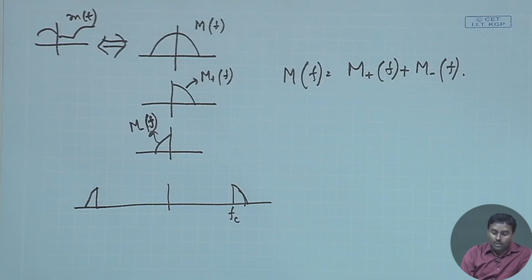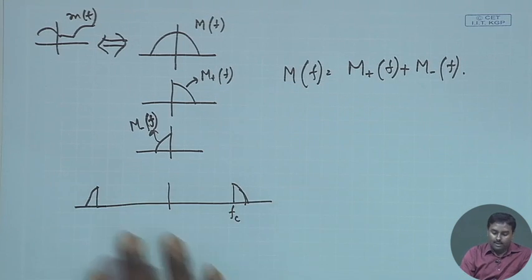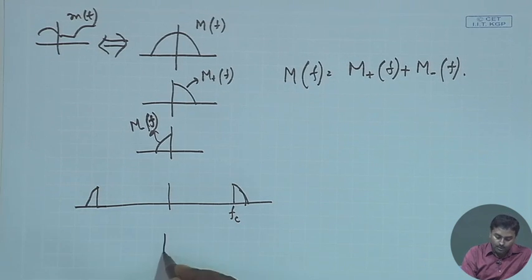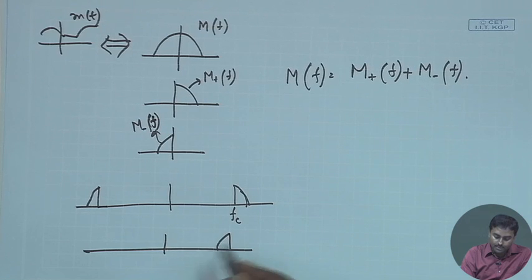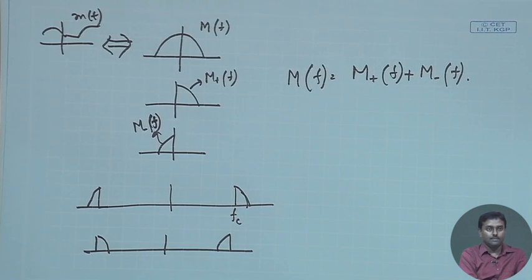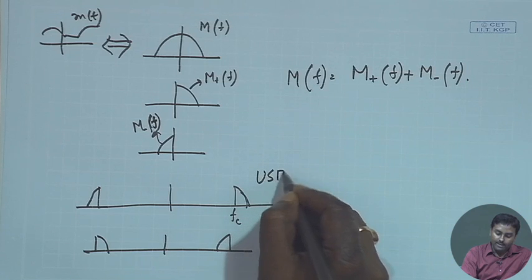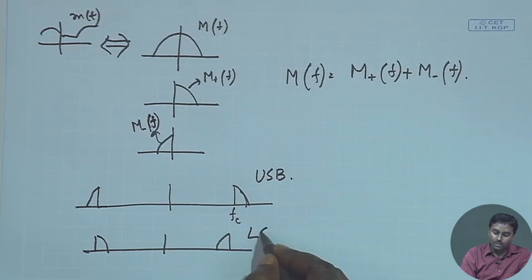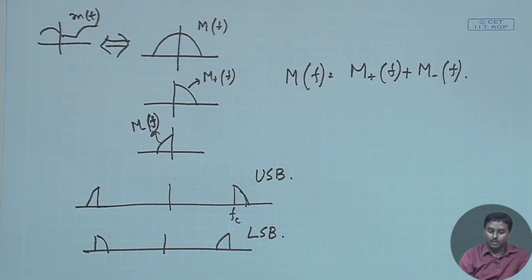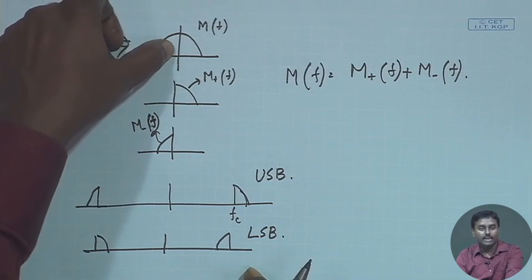So if I wish to do that, I should either represent it this way, or I can represent it in another way. This is termed the upper sideband, and this is termed the lower sideband, because at the positive half you can see this is actually the lower portion of it. That's the negative part of it.